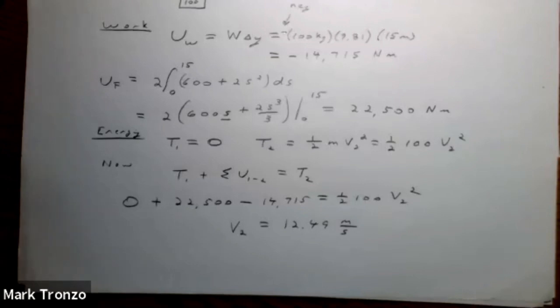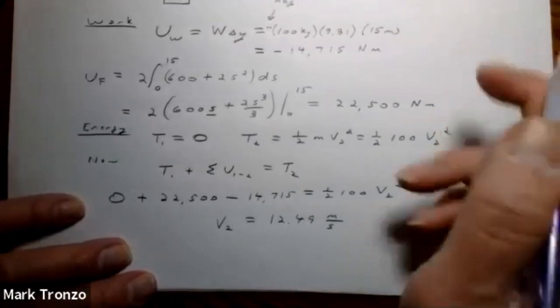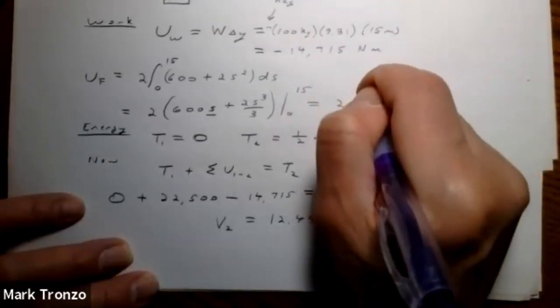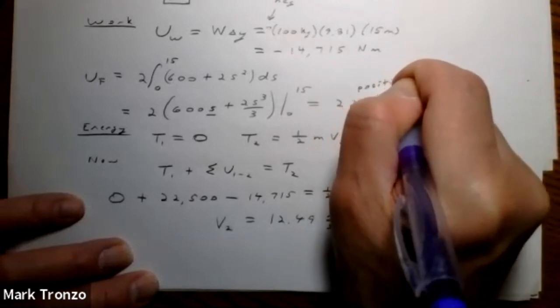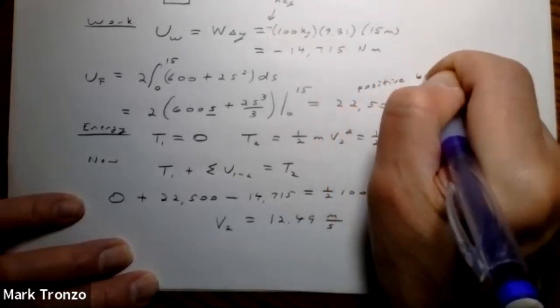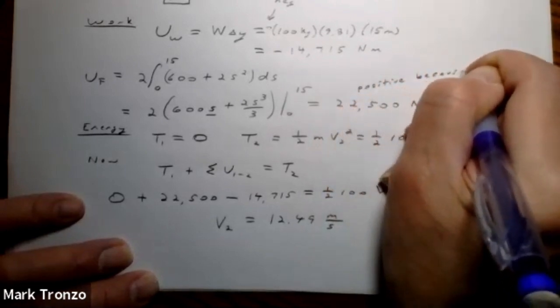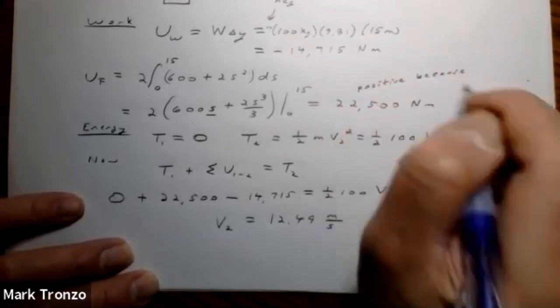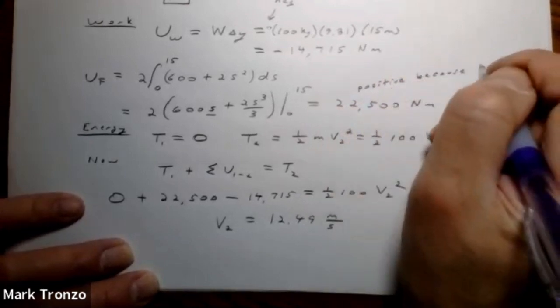Any questions on any of that? Why isn't the work for the force negative? It's a good question. It's positive because it's acting in the same direction as the movement.